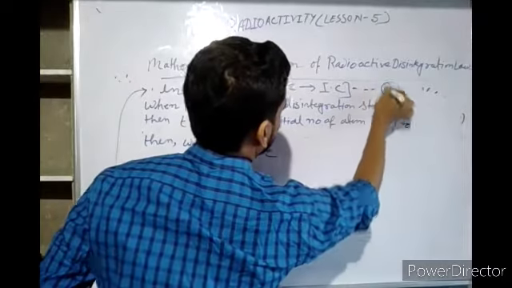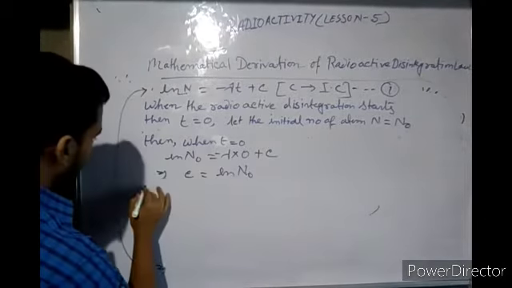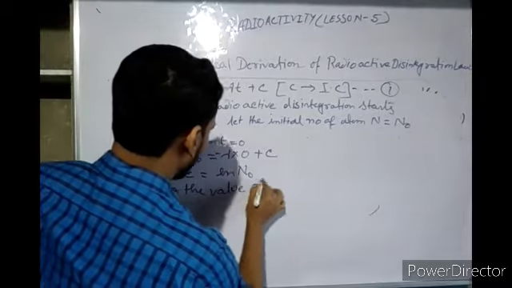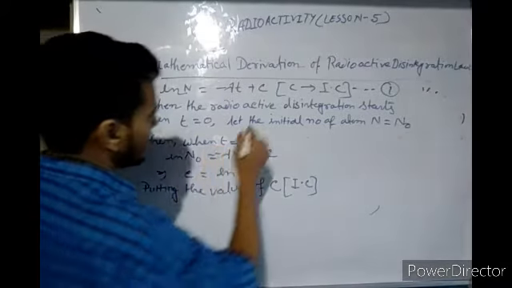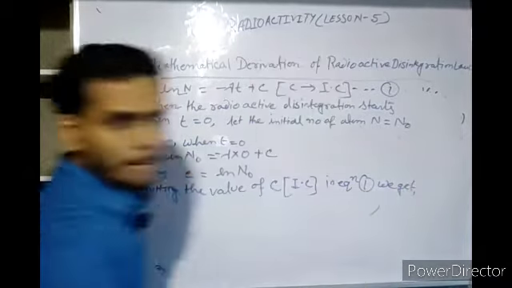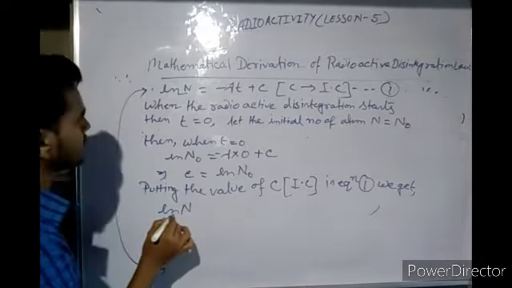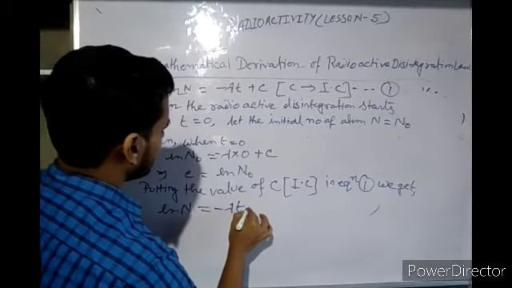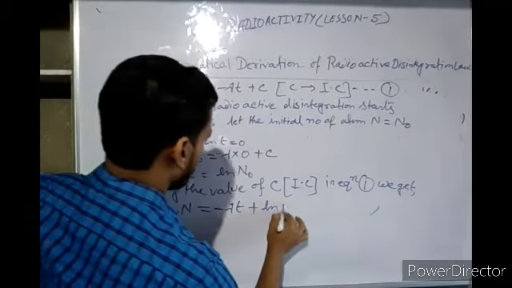Putting the value of C, the integration constant, in equation 1, we get ln N equals minus lambda t plus ln N0.